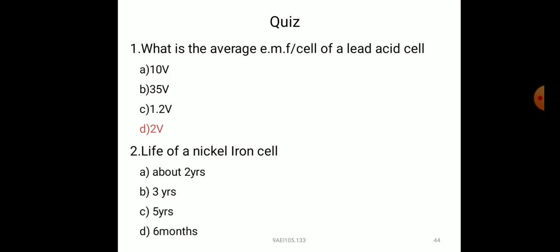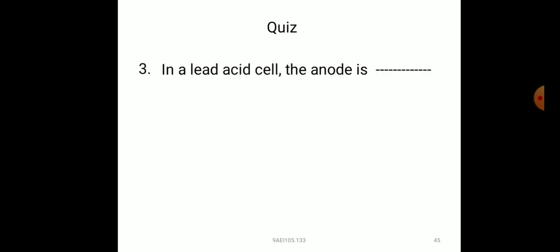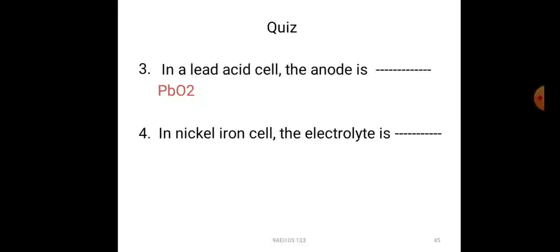Already we discussed that it is 5 years. Next, another question: in a lead acid cell the anode is lead peroxide. In a nickel iron cell, the electrolyte is potassium hydroxide.